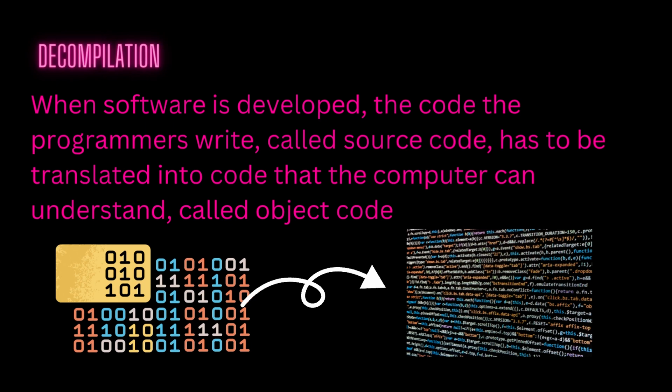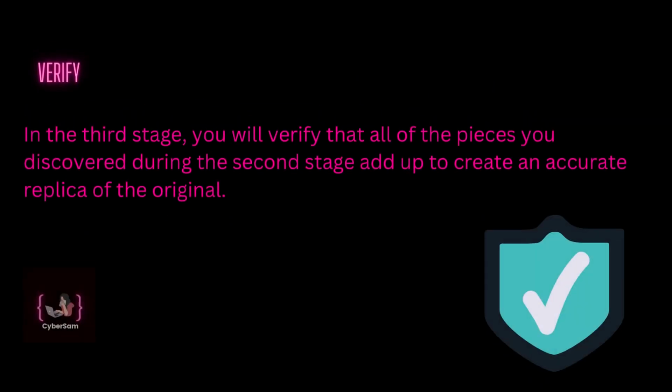This process is known as compilation. During this process, the programmer's notes and comments explaining how the code works are lost. Decompilation reverses the compiling process. In decompilation, the reverse engineer attempts to translate the program's object code back to the source code, which the programmer can understand and analyze.